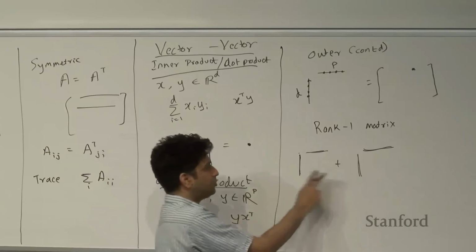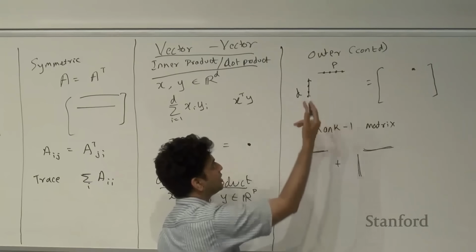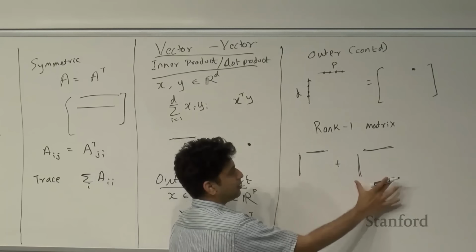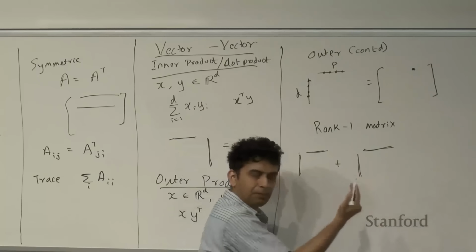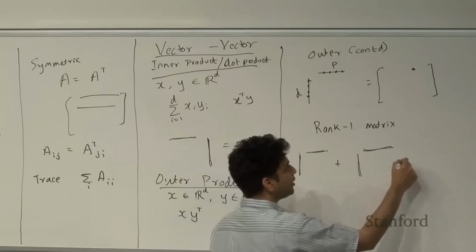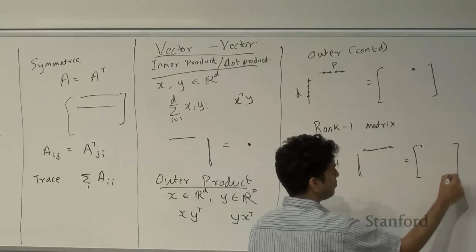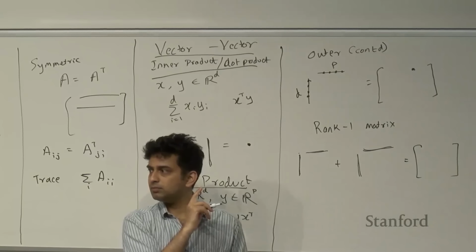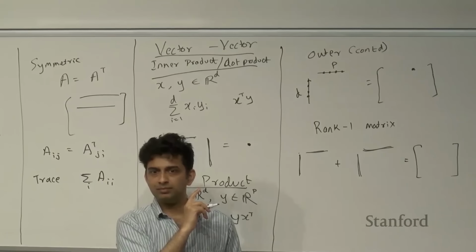So if these two have to be d-dimensional, these two have to be, for example, p-dimensional.